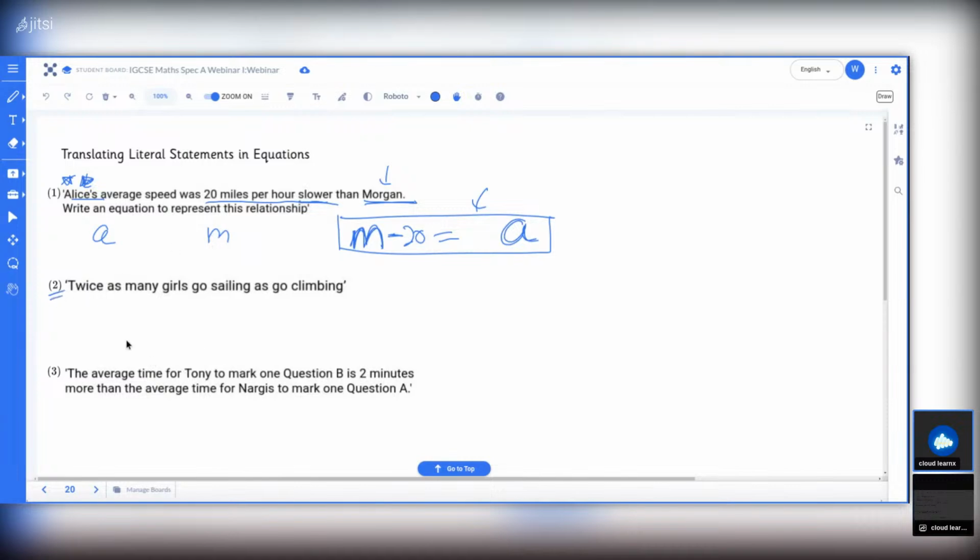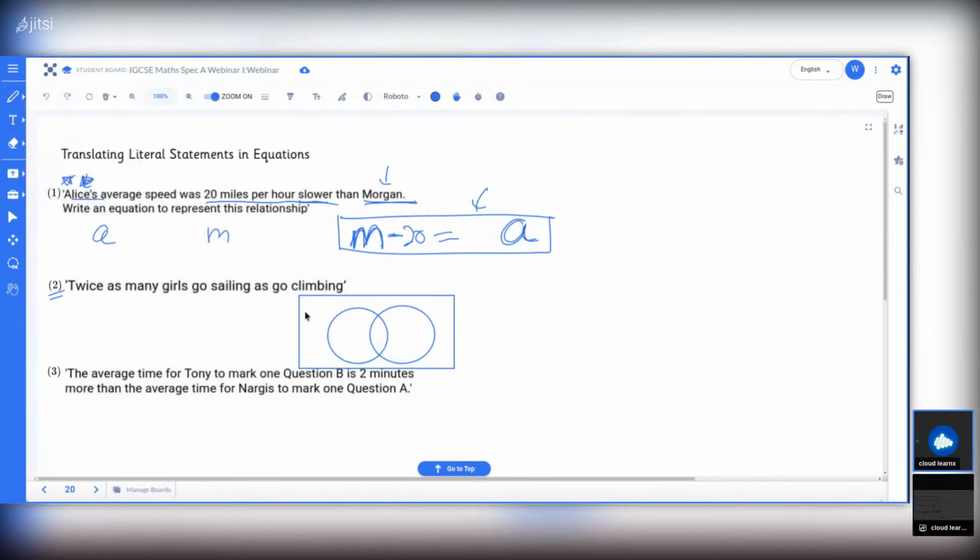Number 2, twice as many girls go sailing as they go climbing. Now, this is something you might see in a Venn diagram, for example. They might give you a set like that and a rectangle there.